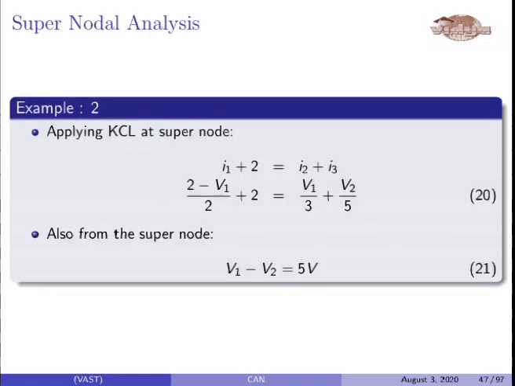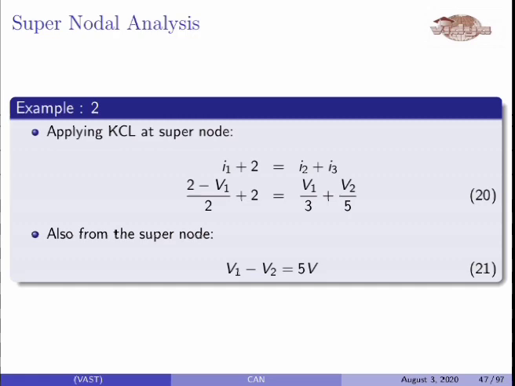So applying KCL at the supernode, you will get I1 plus 2 is equal to I2 plus I3, and you have to express I1 in terms of voltage, which we already wrote in the previous slide. I1 can be written as (2 minus V1) by 2, I2 can be written as V1 by 3, and I3 as V2 by 5. Also from the supernode, V1 minus V2 is equal to 5 volt.